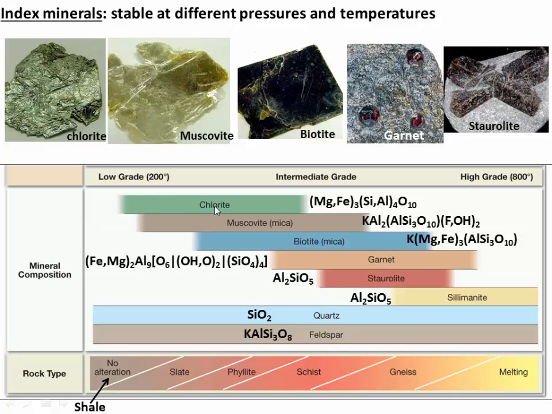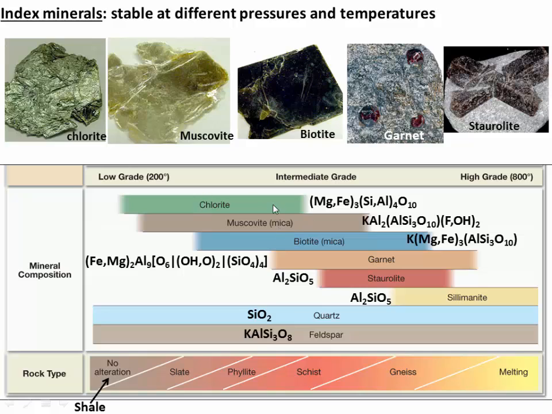So for example, chlorite and muscovite are really weak minerals. And so as metamorphism increases in this direction, they actually destabilize and break down. Chlorite is not stable above maybe 300 or 400 degrees, and muscovite's not stable above maybe 400 or 500.